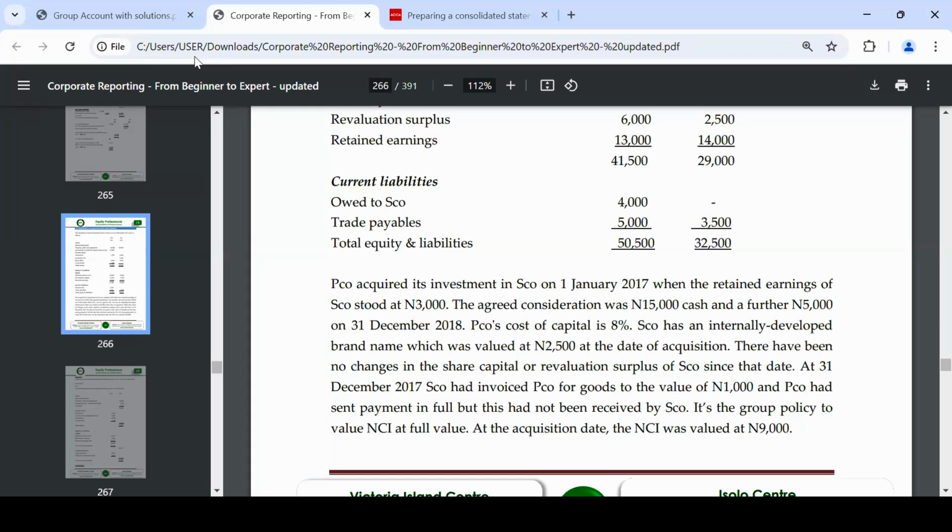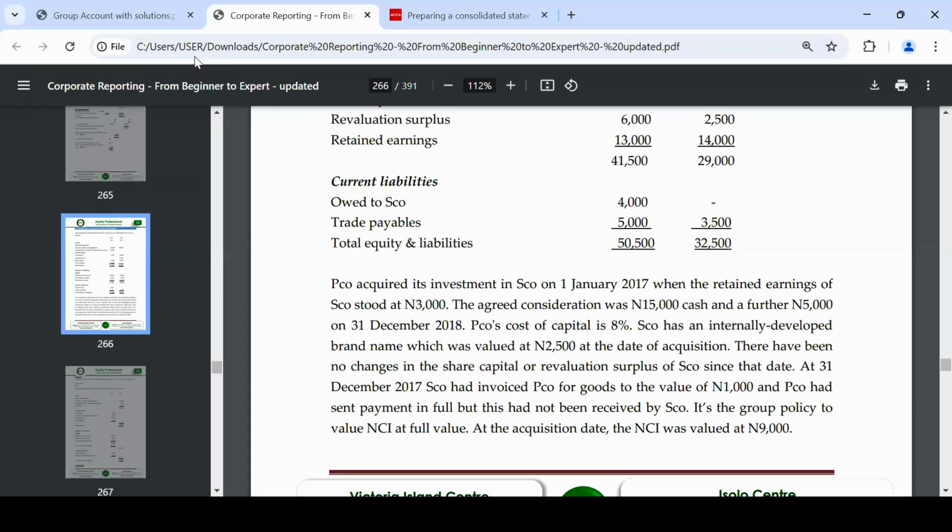It simply means that there is no post-acquisition revaluation surplus, so there will be nothing to share. But I have said it is a simple rule: what will be shared is post-acquisition. And there will be zero there for ESCO.